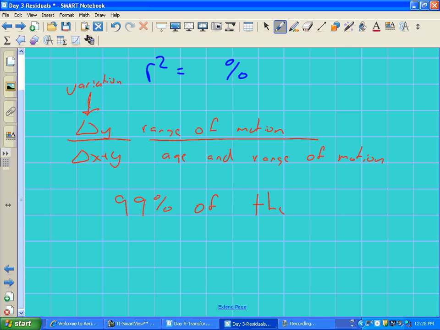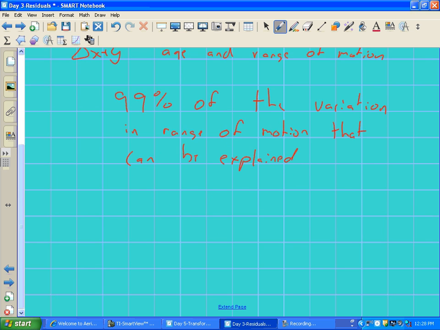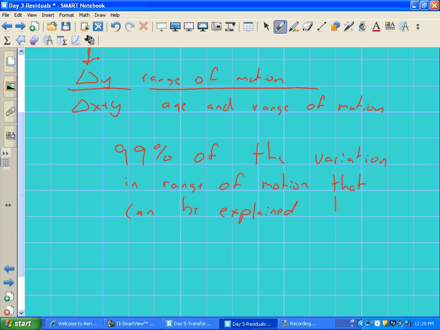Okay? 99% of the variation in range of motion that can be explained by the, and the next piece I'm going to use, again, variation in range of motion, that's this part here.